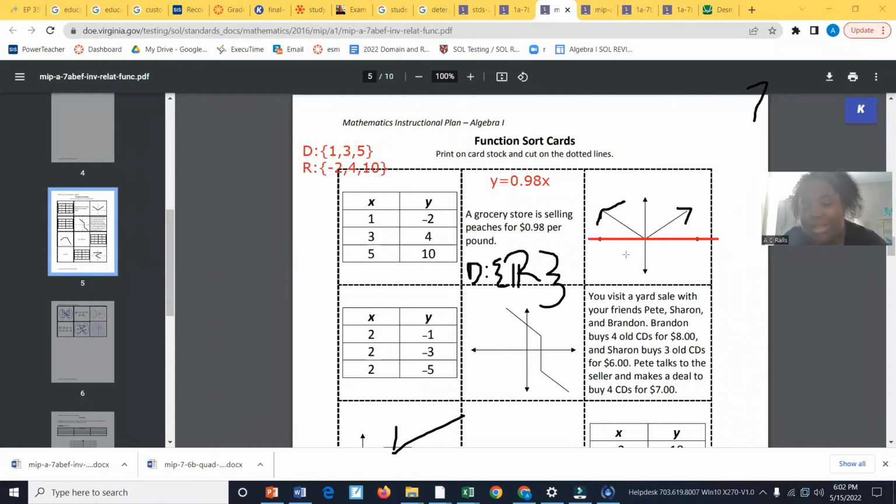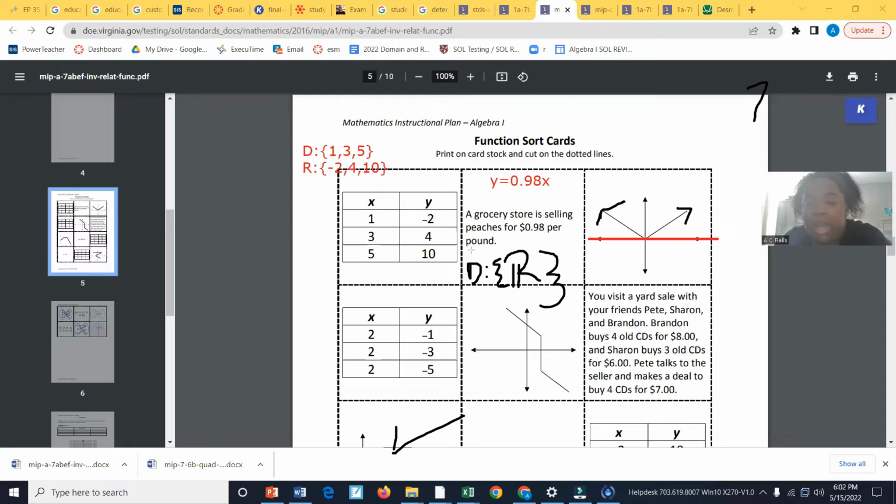So that's this line here. How far is this going to go? It's going to keep spanning forever. So that means the domain will again be all reals. Usually when you have arrows on both ends of your graph, your domain is all reals.